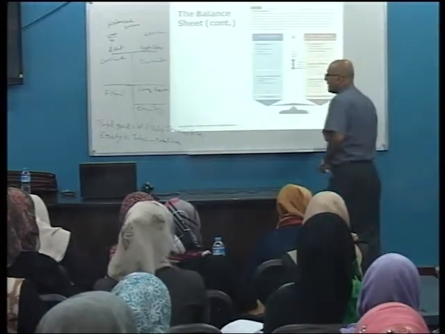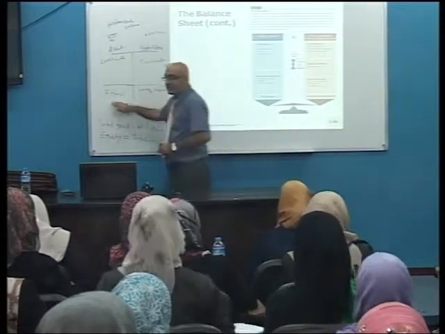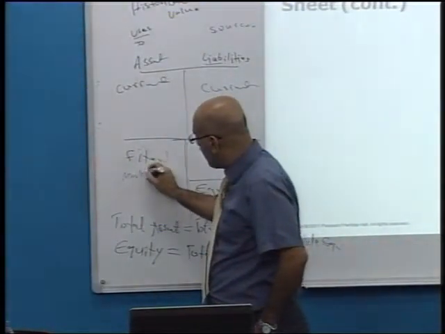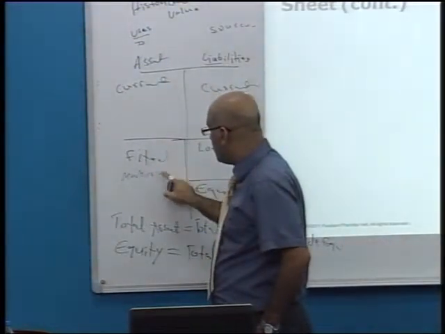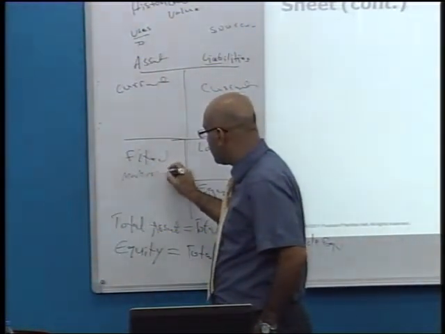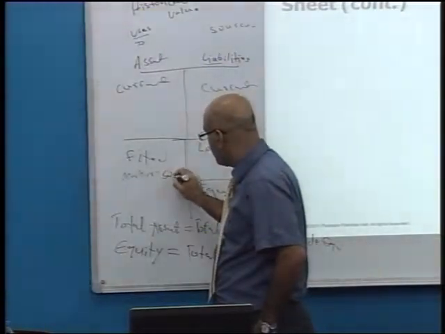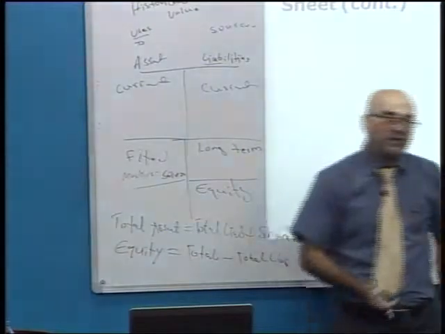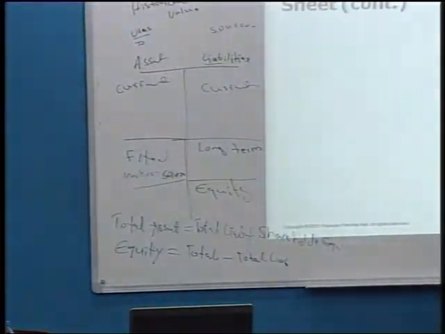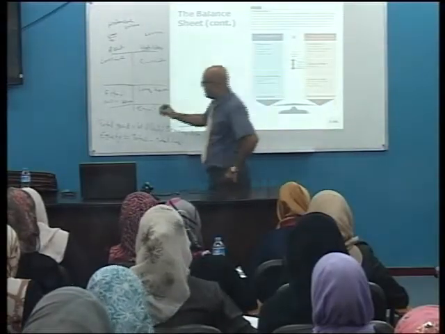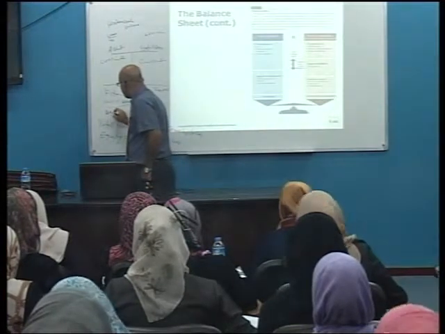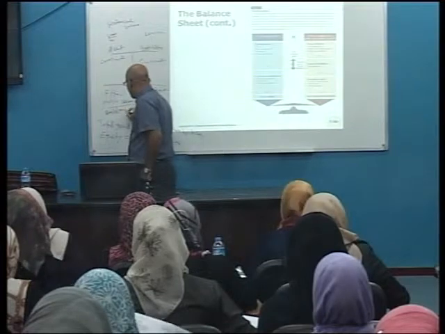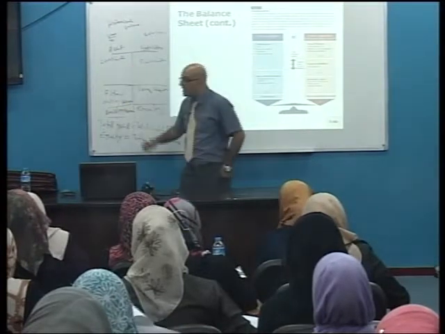For instance, if you look here at the fixed assets, the machine is now, let's say for instance, $50,000. Look at the machine. The machine is $50,000 now. Or let's see the building. The building is $70,000. Now let's focus on the building.